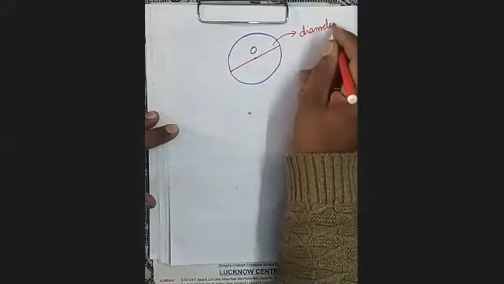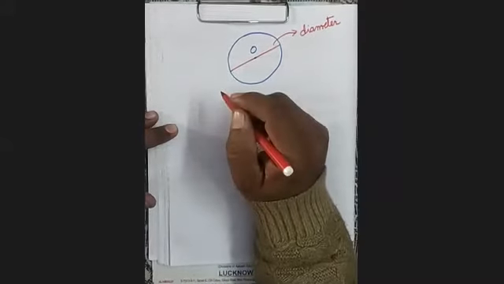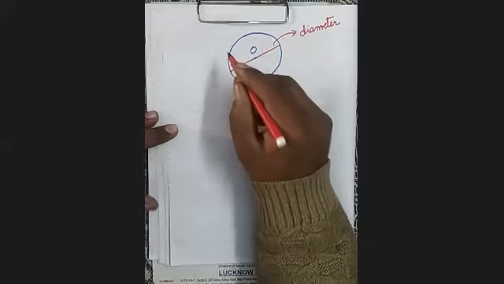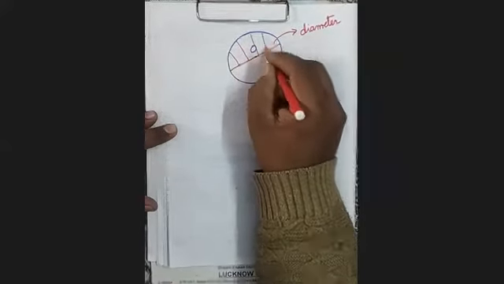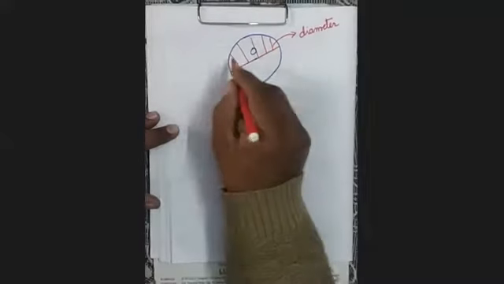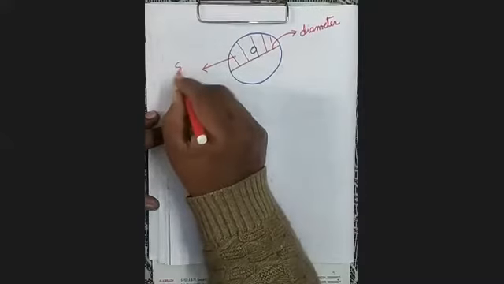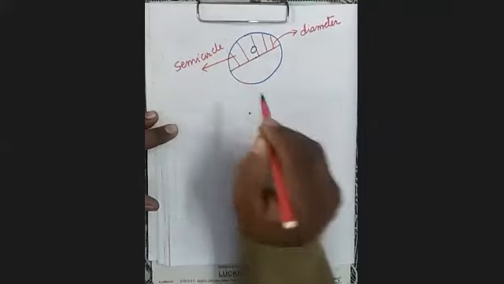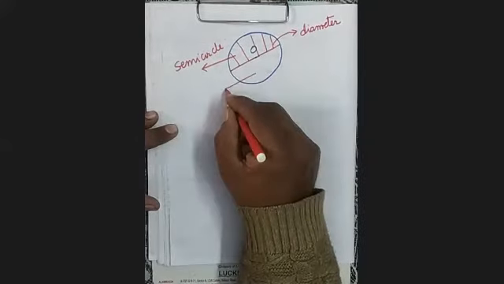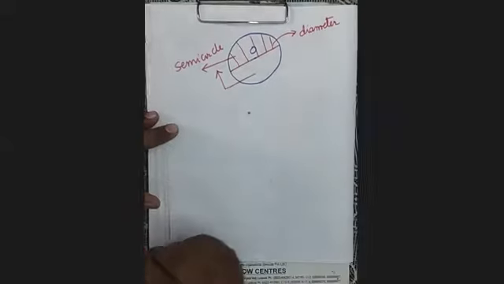Diameter divides the circle into two equal parts. Each part is called the semicircle. This part is called a semicircle. Similarly, here this is also a semicircle.